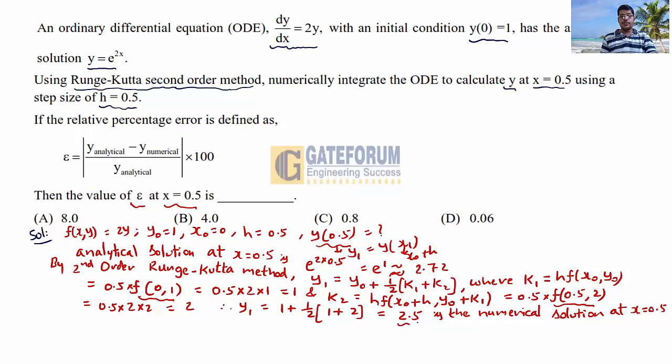So this 2.5 is now y numerical, and this 2.72 is y analytical.